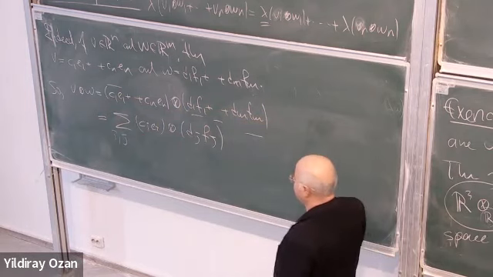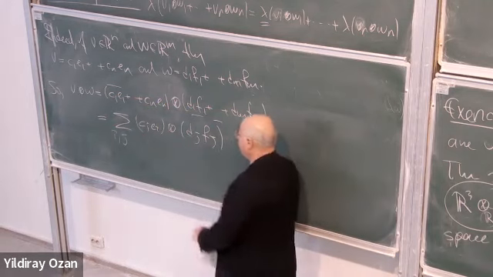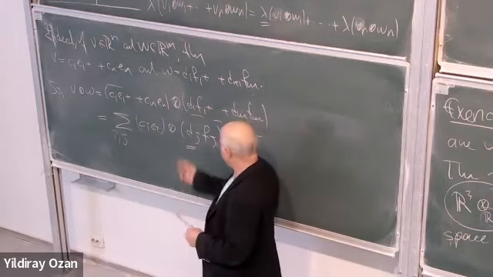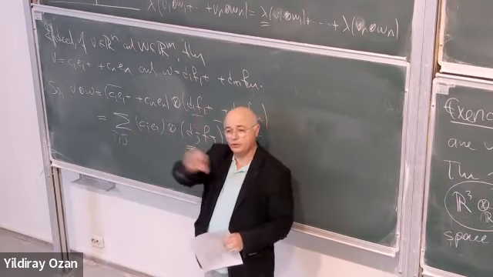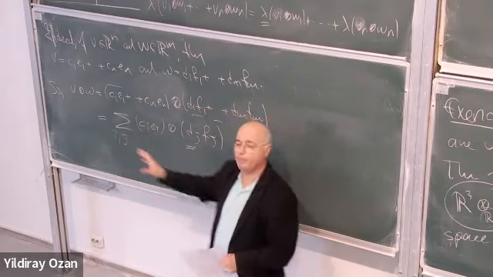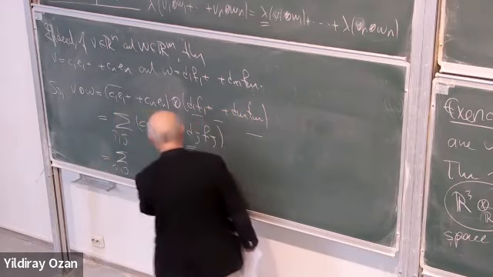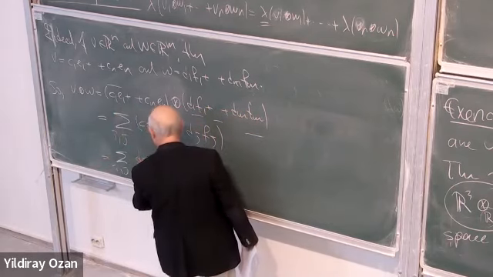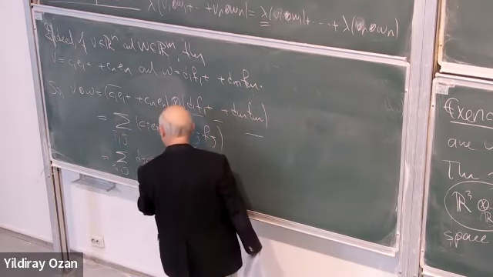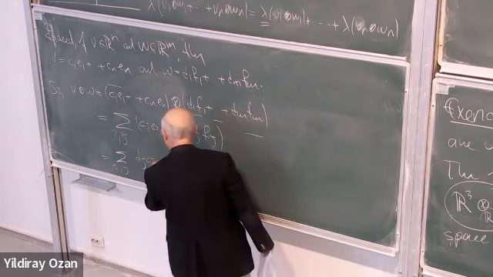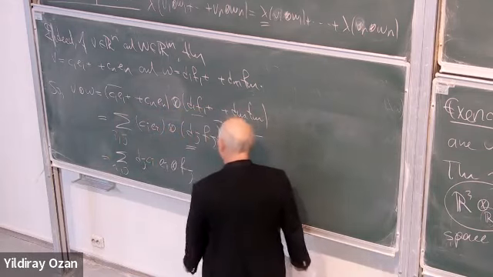And then we do what? I can write this because of the distribution laws. And then I can move this scalar over here because scalars, you can put them wherever you want. So you get summation over i and j, you just put d_j here, c_i, and I can take it outside, and then I have e_i tensor f_j.